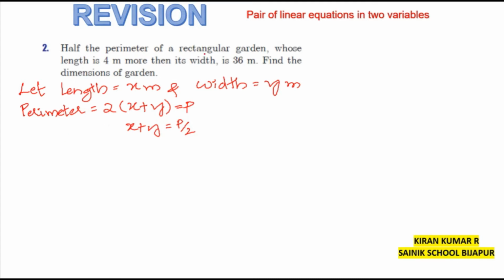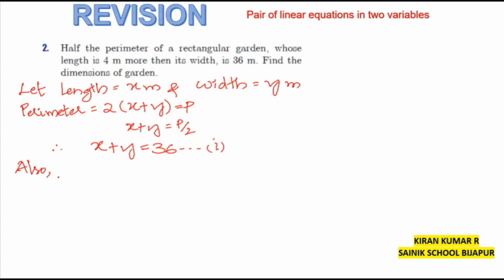So half the perimeter is 36. Therefore, we have x plus y equal to 36. This is equation 1.